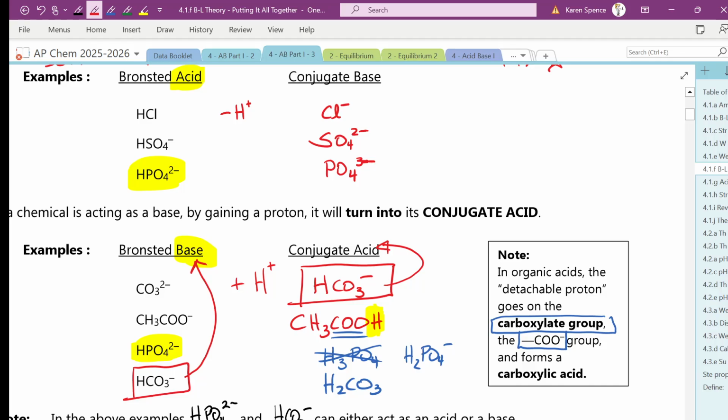Are there any other substances in there that are amphiprotic, but maybe their amphiprotic partner is not shown? Any other amphiprotic substances in there? If you think you've got it, just give me a thumbs up.